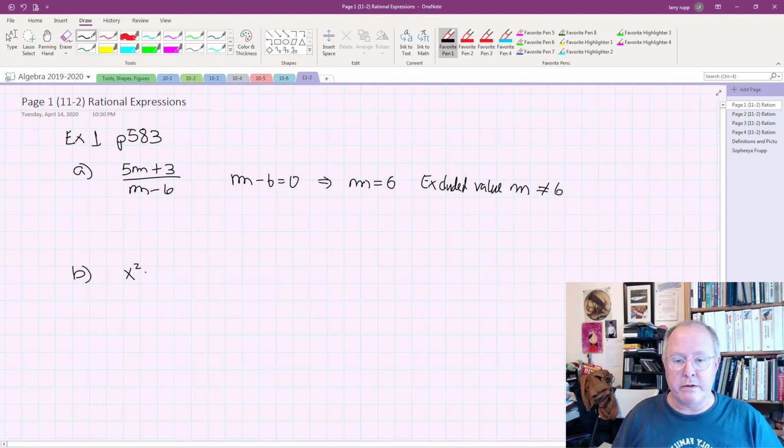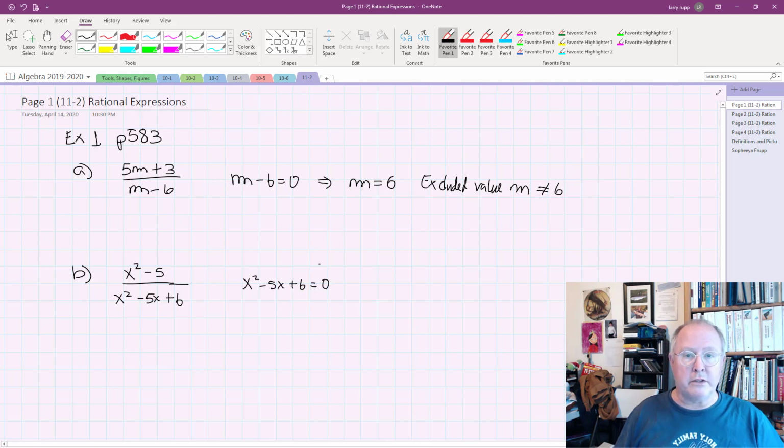x squared minus 5 over x squared minus 5x plus 6. Again, the excluded values are any values in which this denominator here would be equal to 0. So we have to set it equal to 0 to determine what those values are. x squared minus 5x plus 6 is equal to 0.